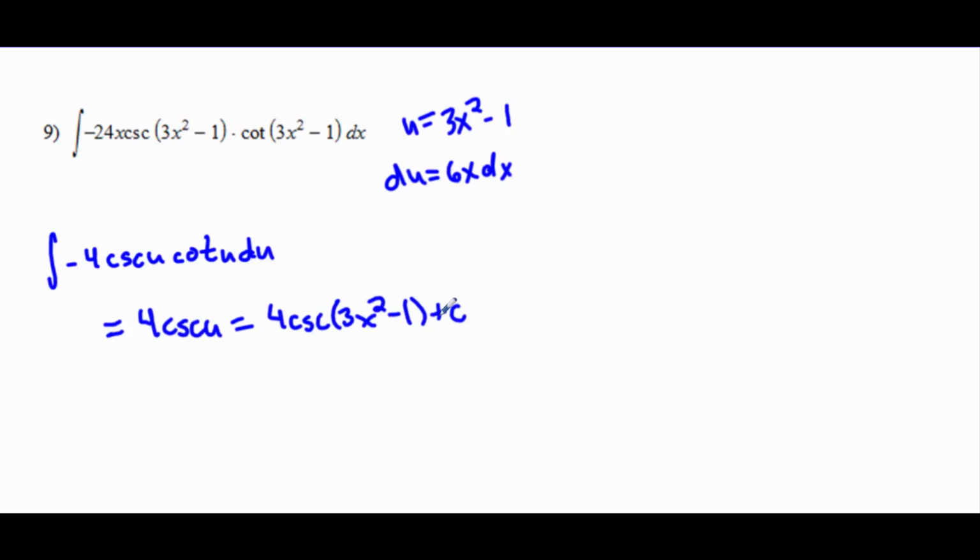It's really important that when we're integrating our trig functions, we know which ones are supposed to switch signs and which ones are not. So cosecant cotangent switches to negative cosecant, but if it's already negative, like in this case, then we take the negative off because it's like it's canceling.